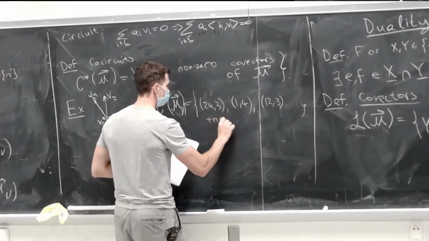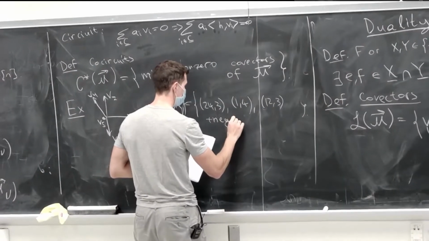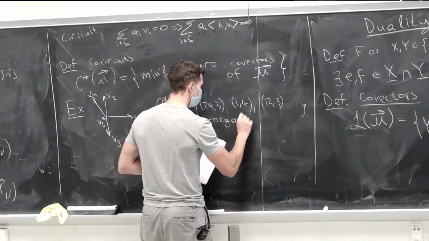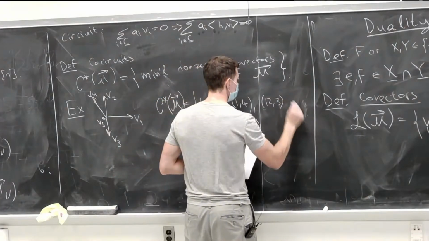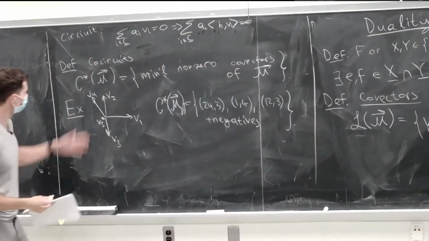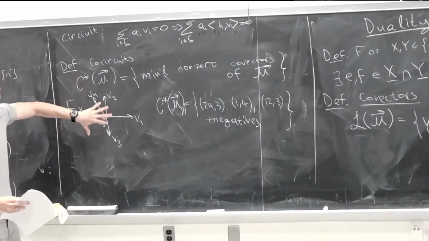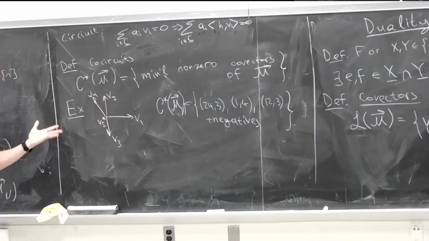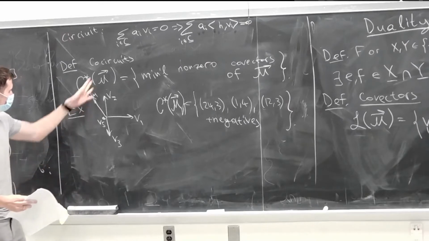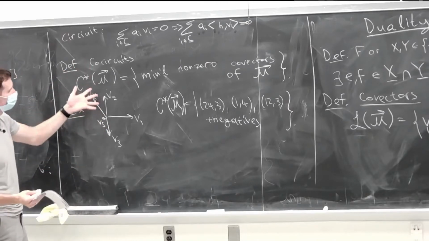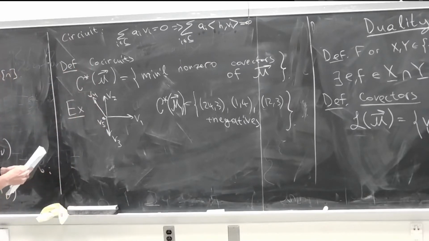I could replace h by its negative. So you just draw all possible hyperplanes through codimension 1 flats of your matroid, and those are going to give you cocircuits.